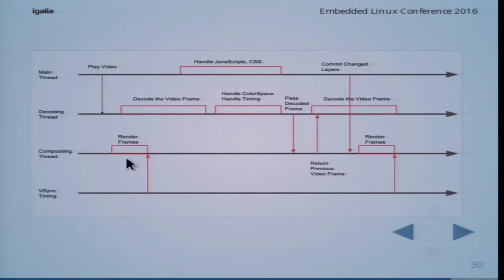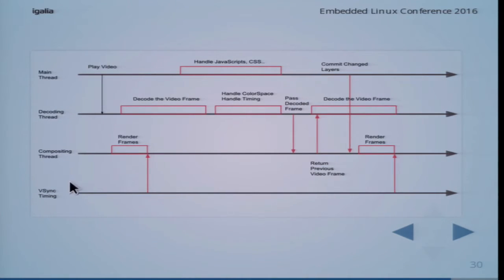Meanwhile, the compositing thread will create the initial scene. Before that, the main thread had already parsed the whole HTML page and the CSS style sheet. It already created the document object model, the CSS object model, and then the render objects. So we should render it as soon as possible.